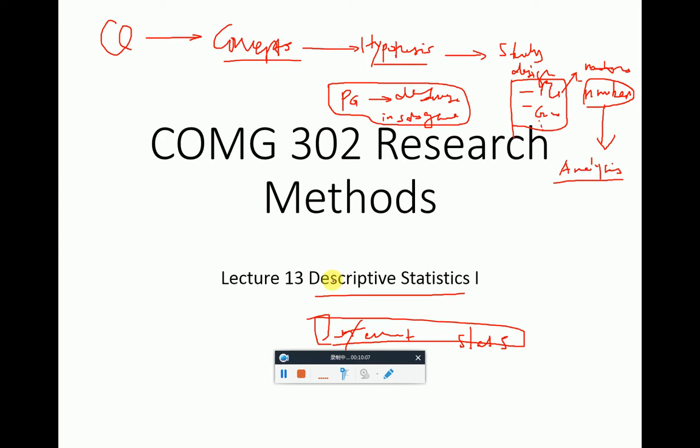Descriptive statistics is how we can use numbers to describe patterns, right? So they're for different purposes, but very often these two types of statistical techniques are used jointly, right, to generate more useful information than when only one type of statistics is used.